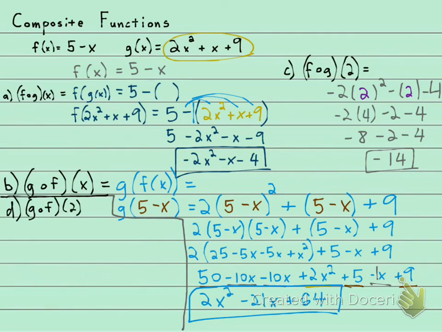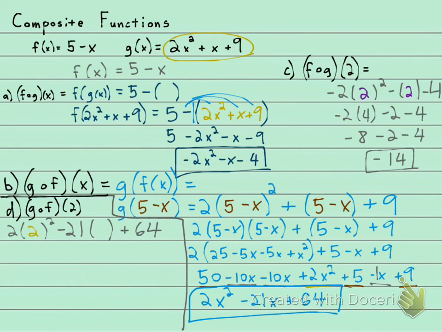So I take my g of f of x function right here, 2x squared minus 21x plus 64, and I'm going to plug in a 2 everywhere I see an x. Instead of an x, I'm plugging in a 2, right here and right here.